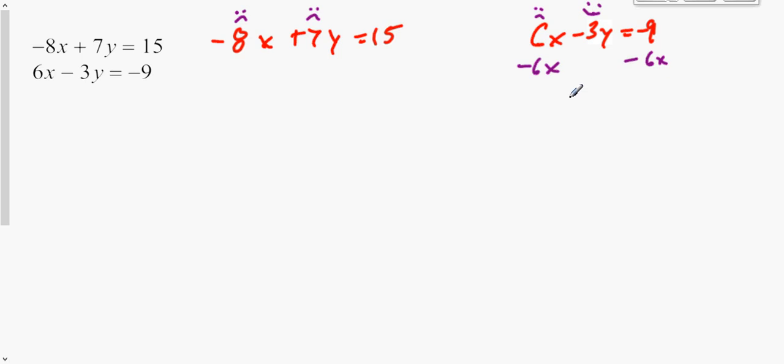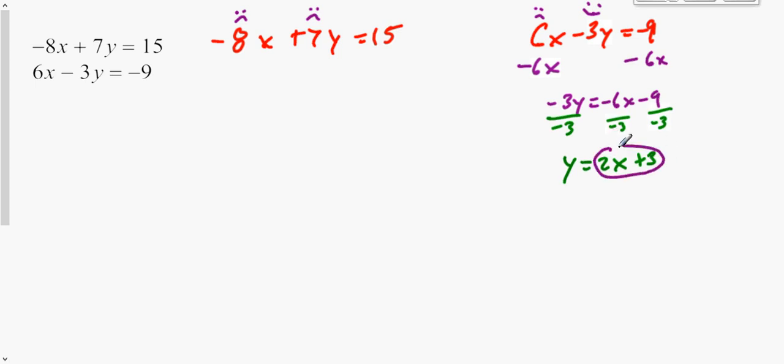So we're going to subtract 6x from both sides. That's negative 3y equals negative 6x minus 9. Divide by negative 3. Each term gets divided. So we get 2x plus 3. Take what y is equal to, I'll plug it back in over here.